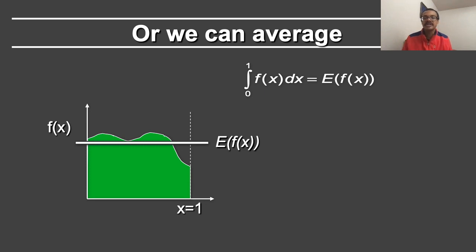Monte Carlo integration is an alternative approach where instead of finding this approximating function deterministically and integrating, one tries to do it in a statistical way. We find the expected value or expectation of the function f of x.